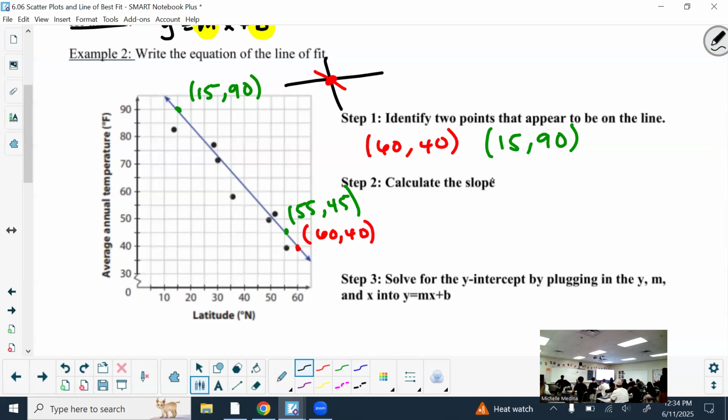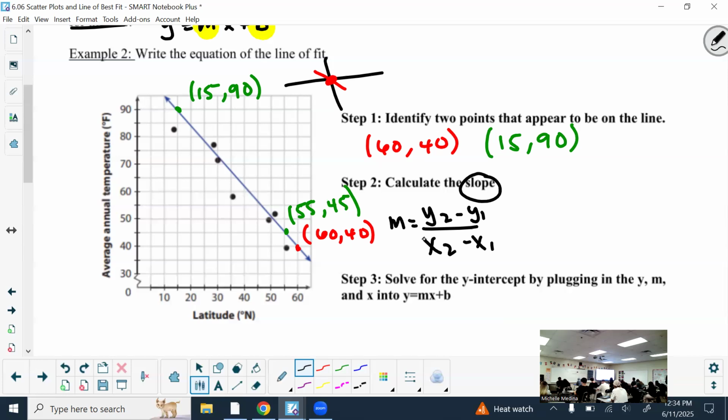Next, I'm going to calculate the slope. Slope, you can think of a lot of different ways. Rise over run, change in y divided by change in x. This formula I'm about to show you is probably the most important one, because it's the same for your average rate of change that we're going to talk about.